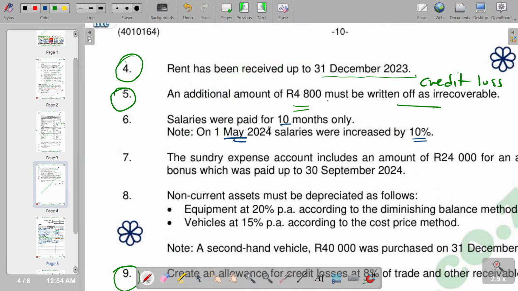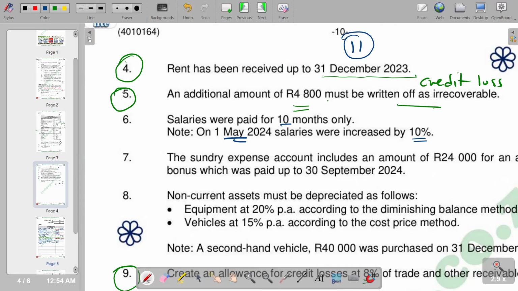Remember, our year is ending end of June. So we're saying for May and June, it's not part of the salaries that we are having in the pre-adjustment trial balance. So we are going to divide the amount of salaries that we have by 10 to get the monthly salary before the increase. So because the increase was effected on 1 May.